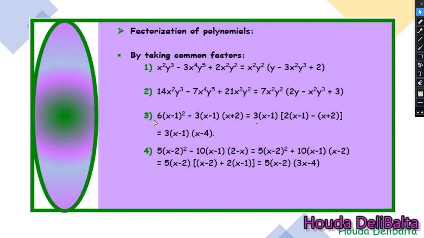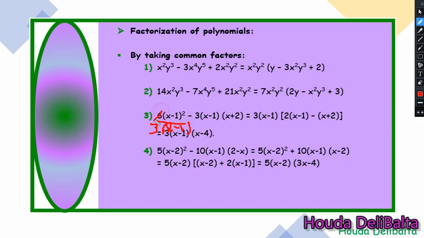We have again to divide 6 into x minus 1 squared by 3 into x minus 1. So as if I'm putting it over 3 into x minus 1.